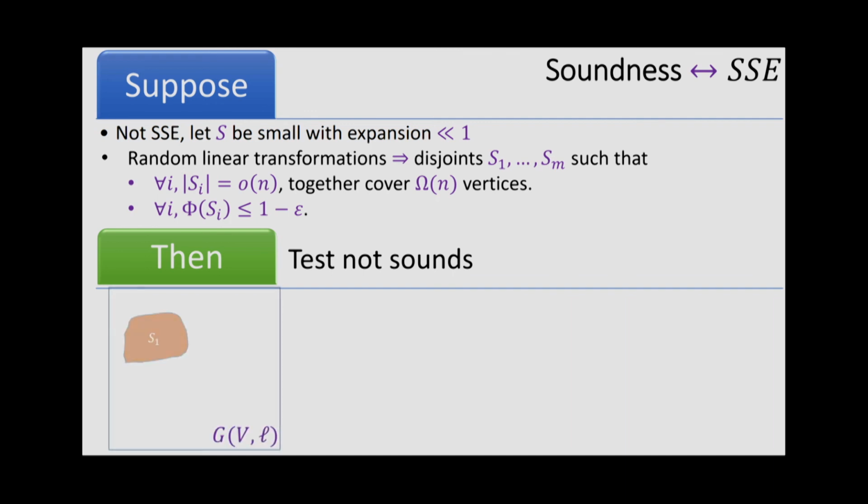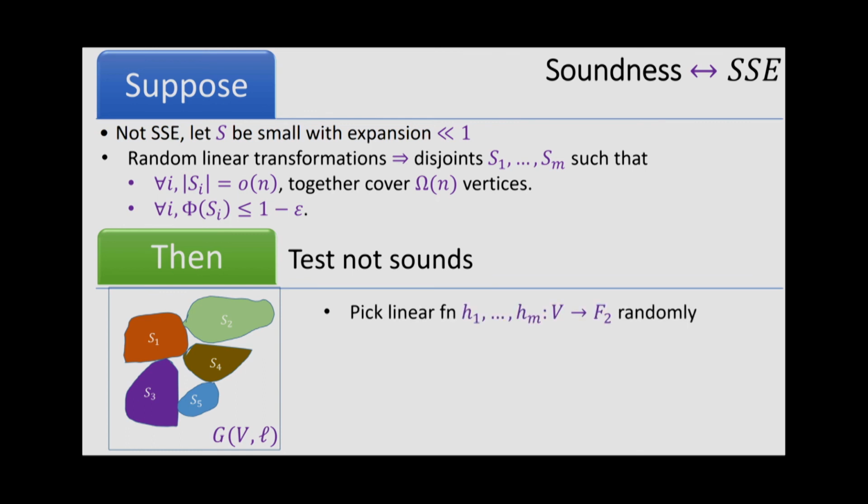And here is the example. So let's draw our sets S1 to Sm. And the example goes as follows. For each set Si, we'll pick a linear function hi for it randomly.